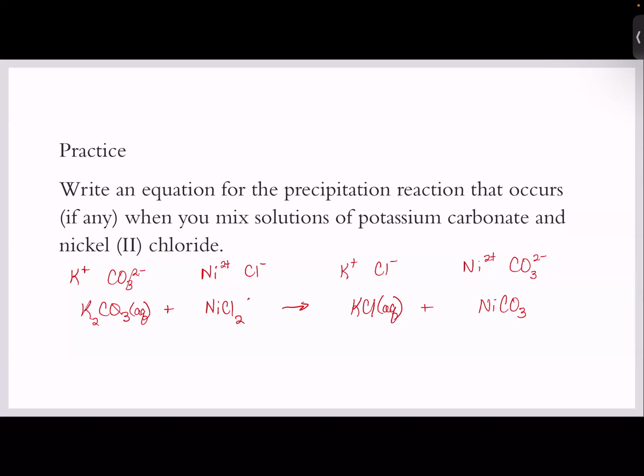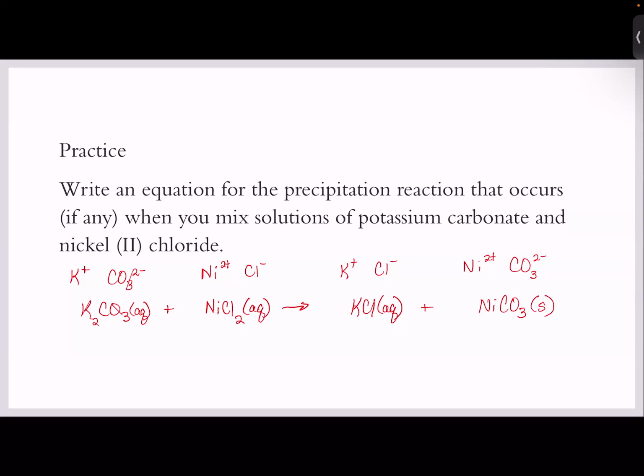Nickel 2 chloride is going to be aqueous because of rule number 3, which states that chlorides, bromides, and iodides are soluble except for lead 2+, silver, and mercury 2+. Since this is not one of the exceptions, it follows the solubility rules and therefore it is soluble. Nickel 2 carbonate, however, is a solid.